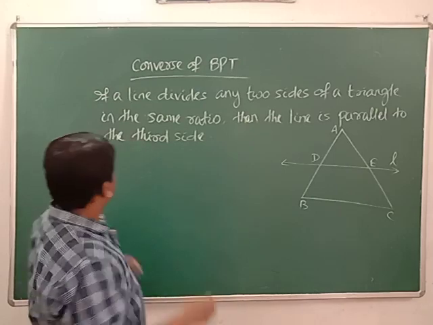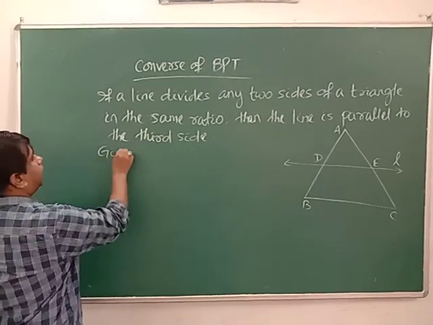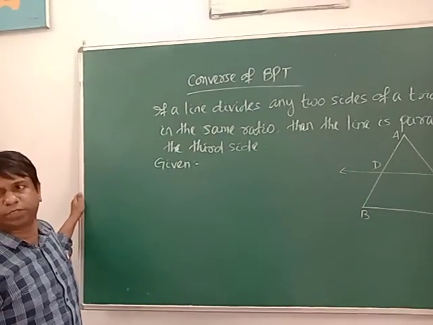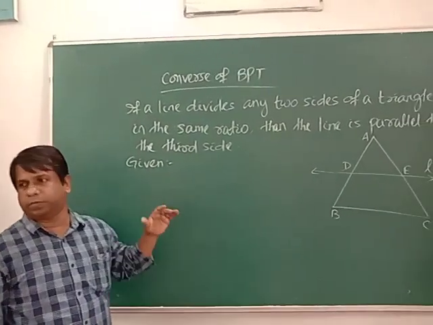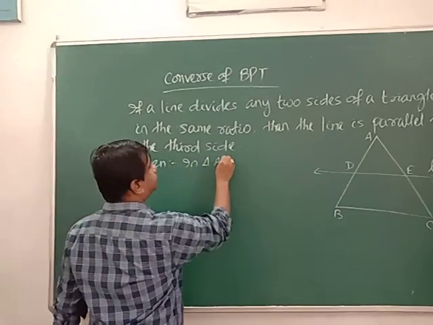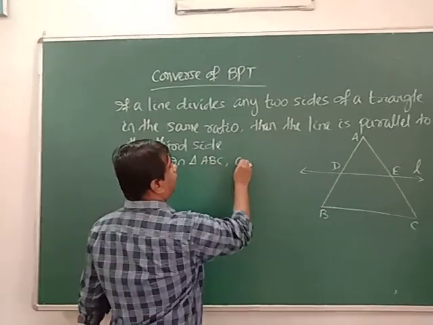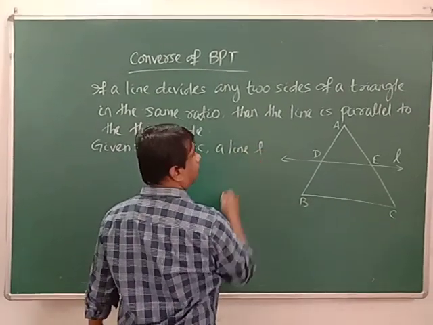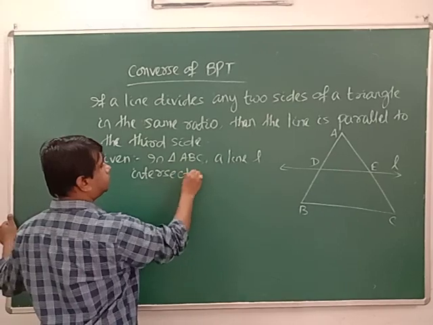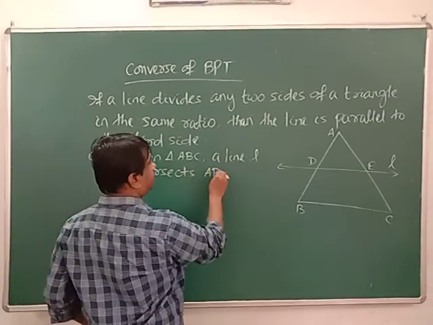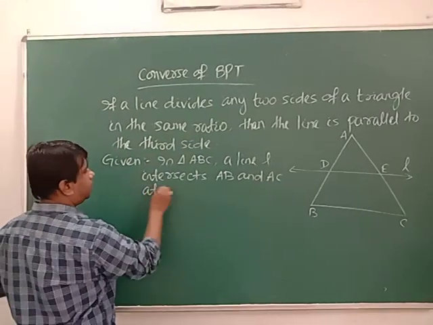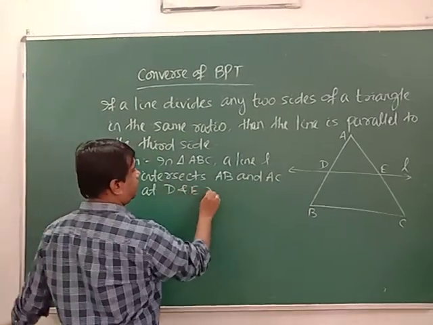So what is given? I have earlier told you what are the steps to solve a theorem. First is given. So in triangle ABC, a line L intersects AB and AC at D and E respectively.